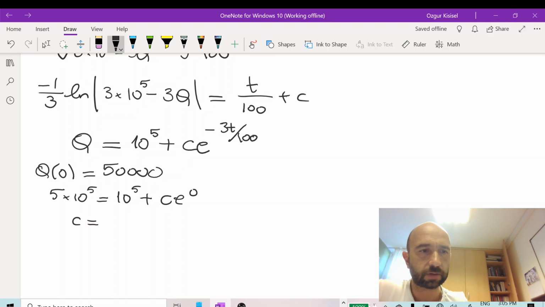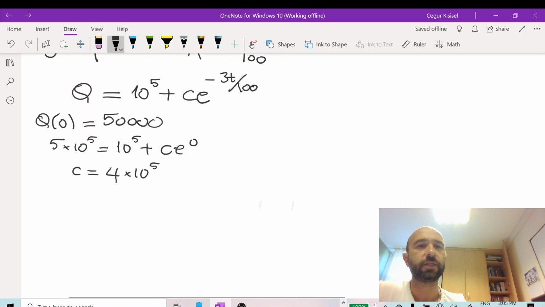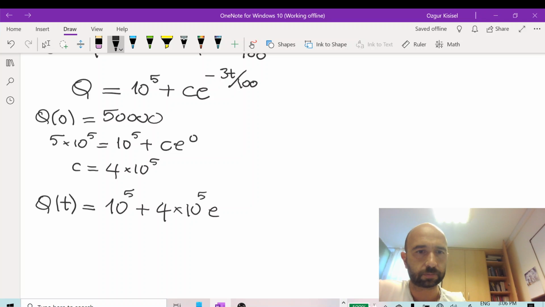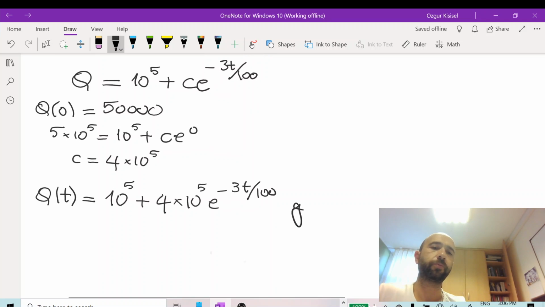So C is 4 times 10 to the 5. And here's our final answer. Okay, it's this many grams.